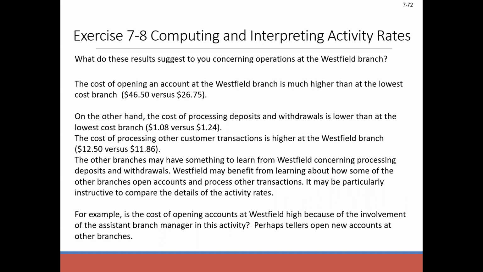But the other type of transactions at Westfield was costing more. So other branches could learn something from Westfield regarding processing deposits and withdrawals. And Westfield could maybe learn from others about opening accounts.